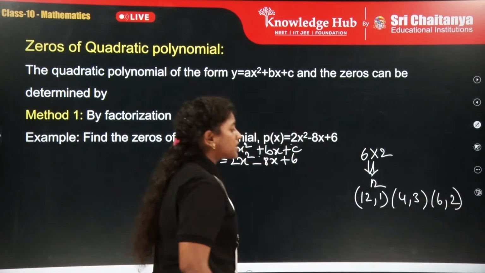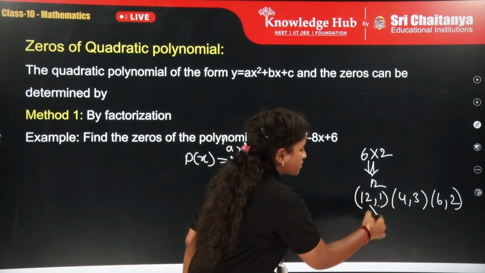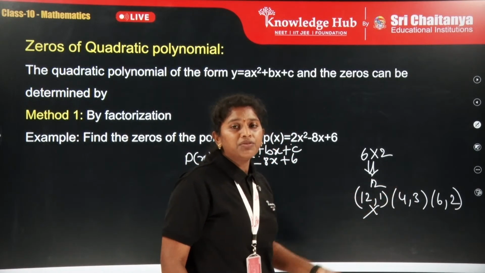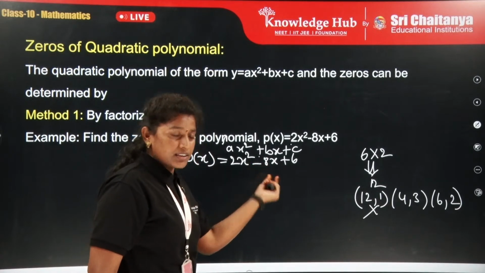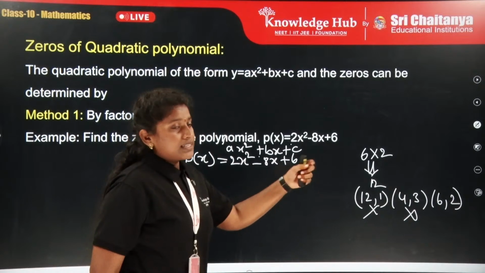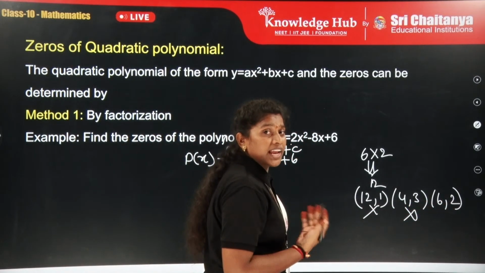If I use 12 comma 1, doing addition or subtraction, it is not useful. Similarly 4 comma 3 also: 4 plus 3 will give 7 and 4 minus 3 will give 1. But here you need minus 8. That's the reason 4 comma 3 is also not useful. Moving to the next, 6 comma 2. If I do addition, 6 plus 2 will become 8.